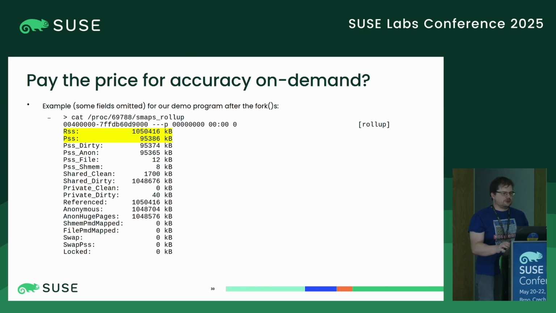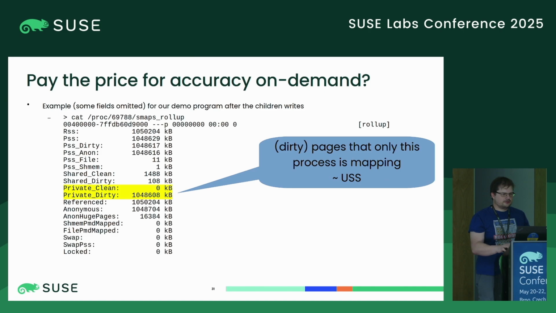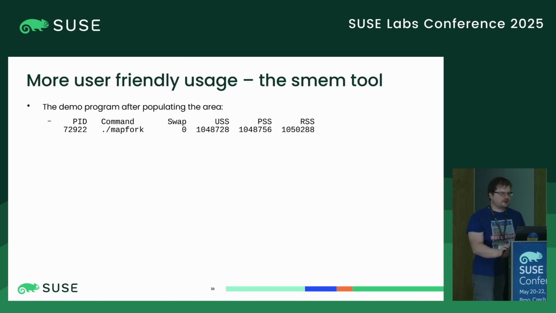So in this case, we could have seen that PSS would be small after the forks, and there's also a counter of how many pages are really uniquely used by that process.